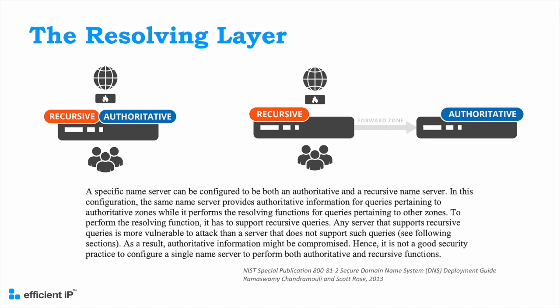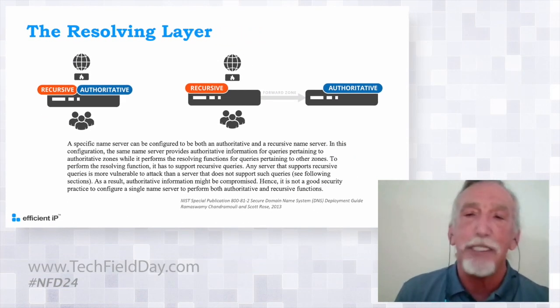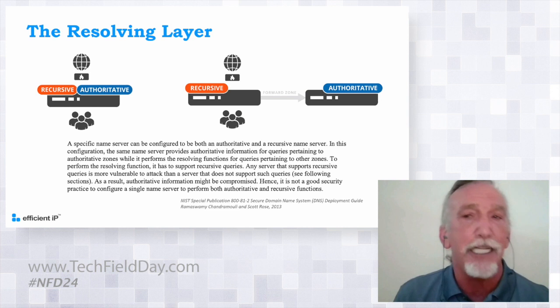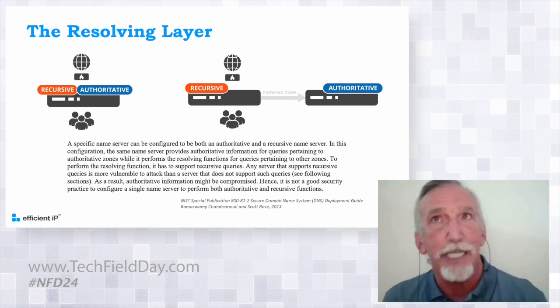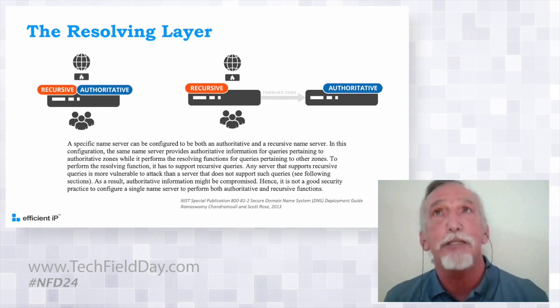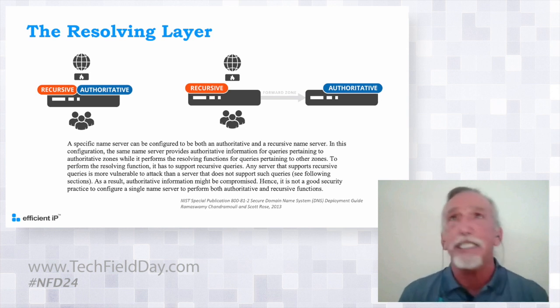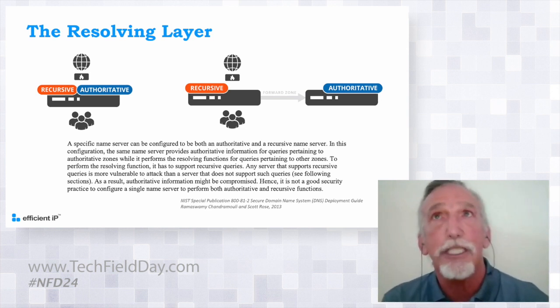As opposed to a client hitting an authoritative server, and that authoritative server not being authoritative for that zone, it does recursion out to the internet. What a resolving layer does, the one that's in the middle, is when those clients hit that recursive server, it's going to forward to authoritative servers that it knows about, right? Those would be the ones inside of your enterprise, or it's going to recurse out to the internet.